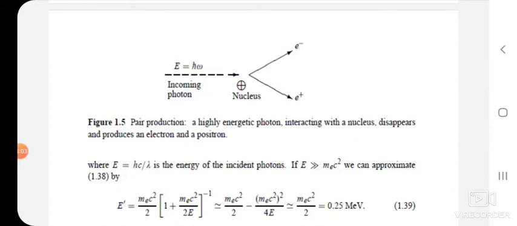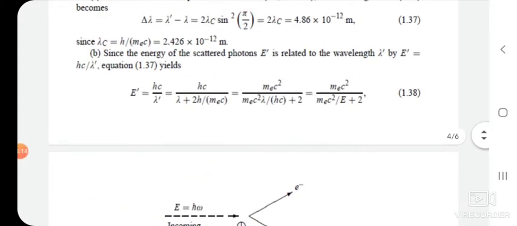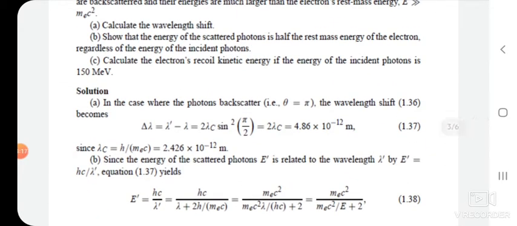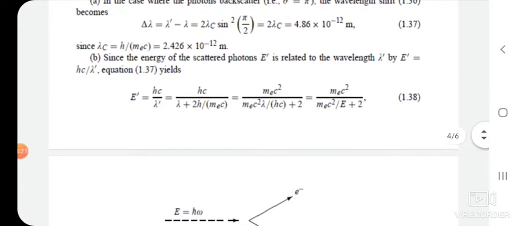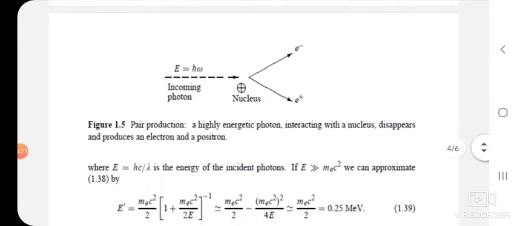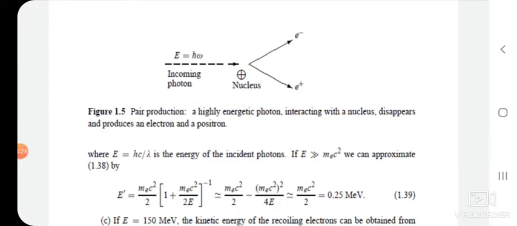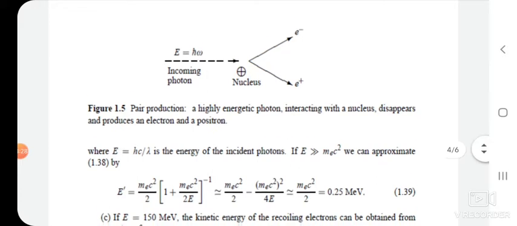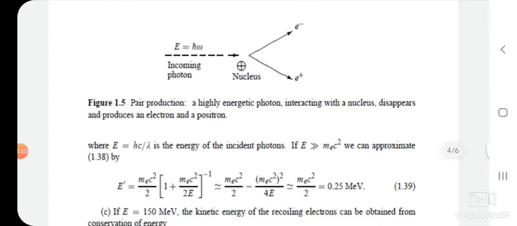That's why E prime is nearly equal to mec square by 2, which is equal to 0.25 mega electron volt, because the incident photon has energy 150 mega electron volt. If we compare the incident photon energy and the scattered photon energy, the incident is 134 times greater than the scattered photon.